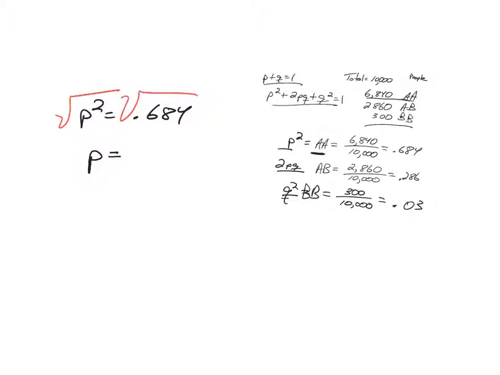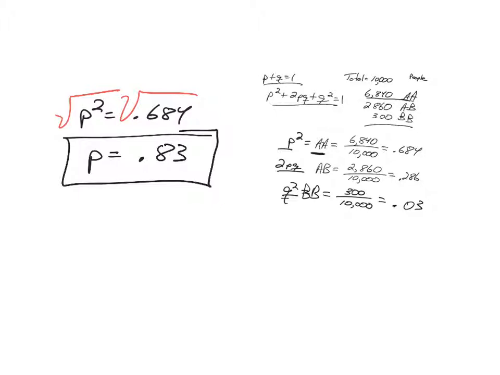What's the square root of 0.68? 0.824. Point what? 83. So the A allele is 83%.